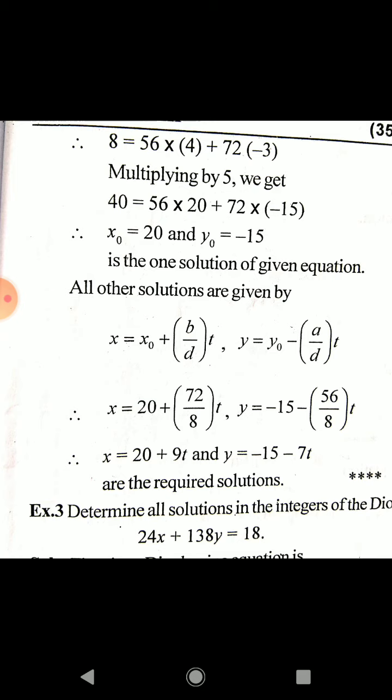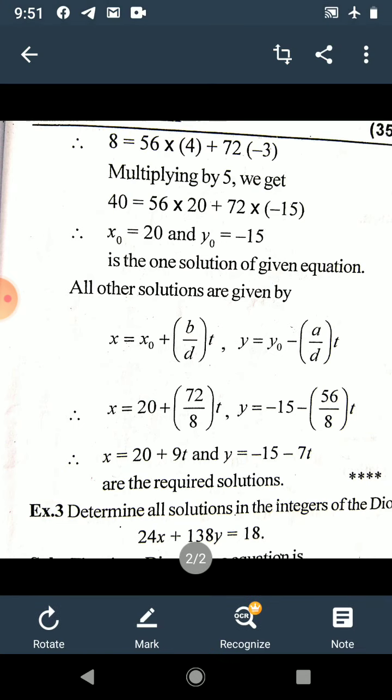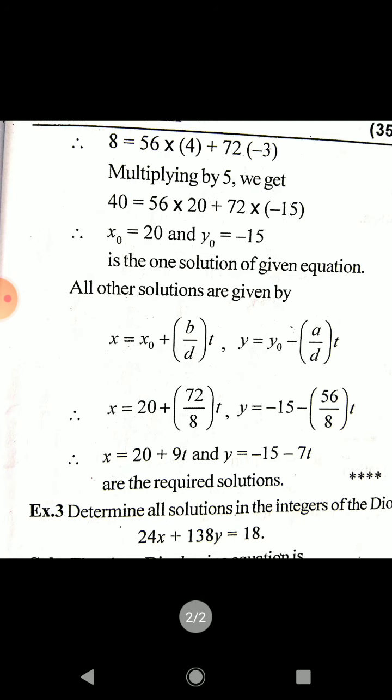This 72 divided by 8 is 9 and 56 divided by 8 is 7. Therefore, this equation becomes x is equal to 20 plus 9t and y is equals to minus 15 minus 7t, which gives all the required solutions.